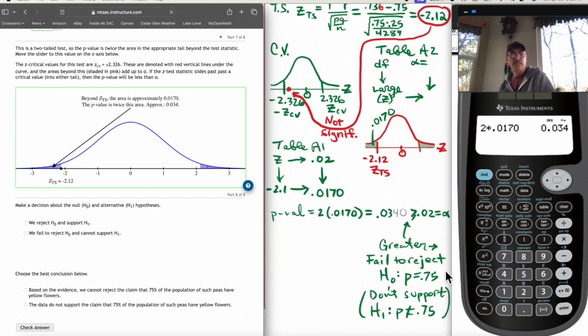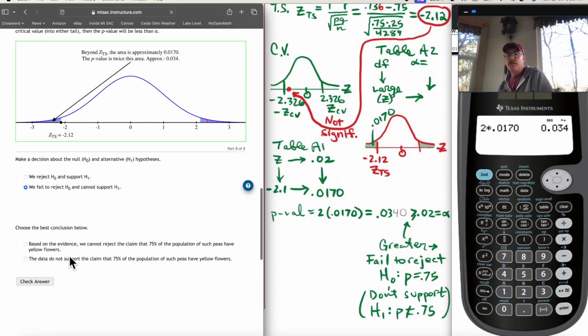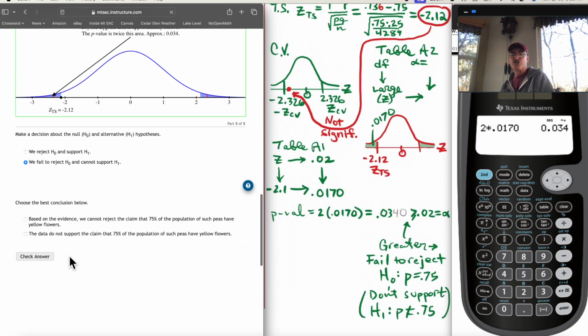We are failing to reject the null hypothesis. Okay, right here. And then we want to choose the best conclusion. We can't reject the claim. We never support the null hypothesis here. So Mendel was saying that the proportion is 75%, and we are unable to reject that.